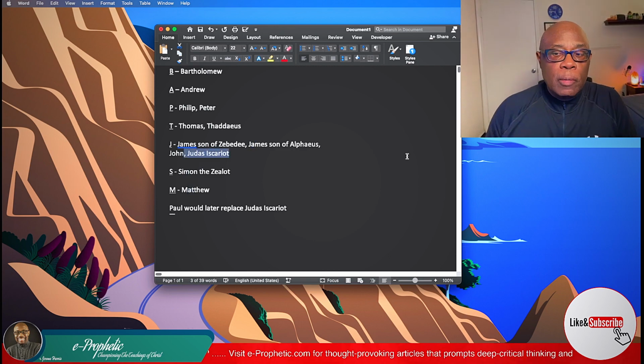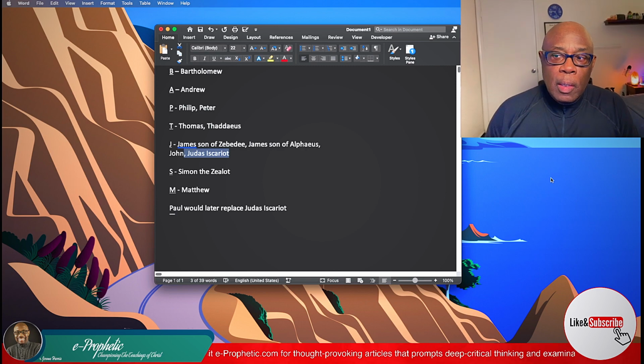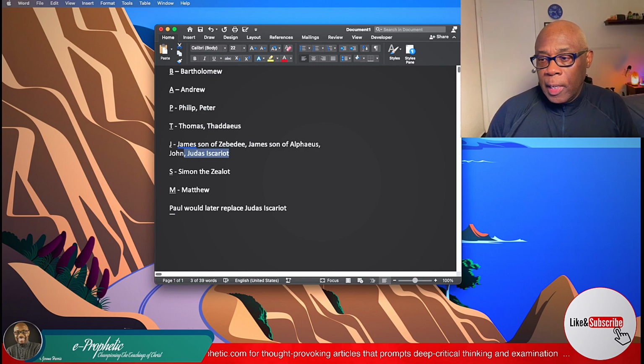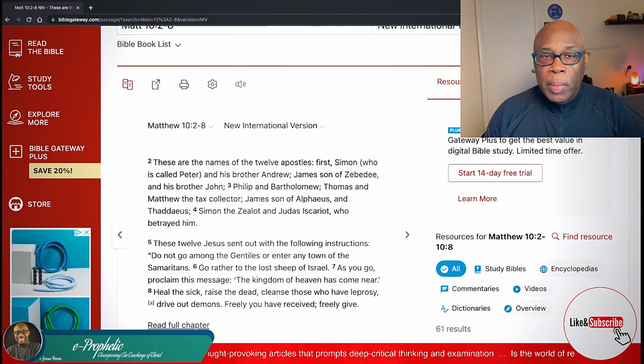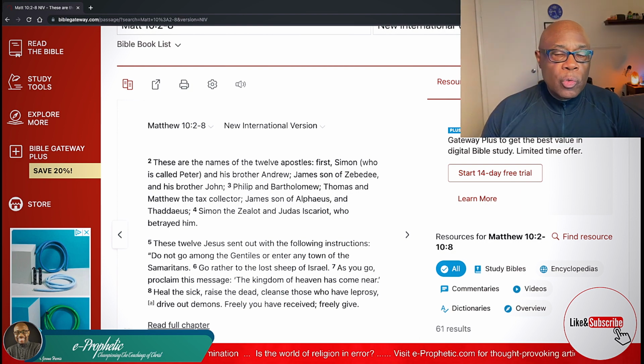Okay, now let's talk about how to identify false apostles today. Now, keep in mind that there are no new apostles. Christ chose only 12 persons to be his apostles. And of course, Judas did not live up to the qualification, and he was replaced by the Apostle Paul. In the book of Revelation, chapter 21, read this for yourself.